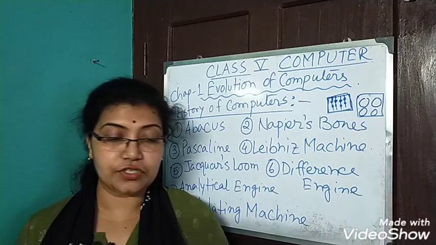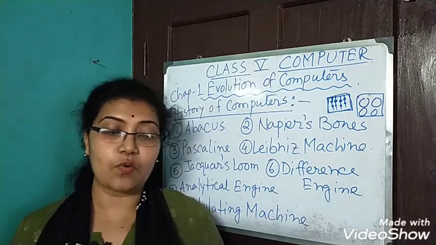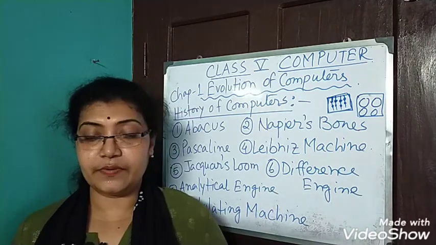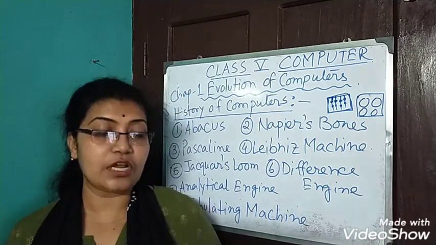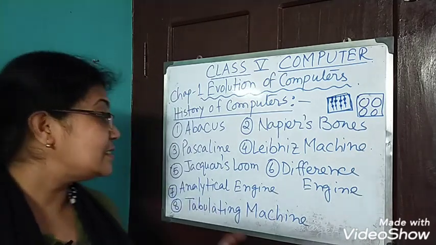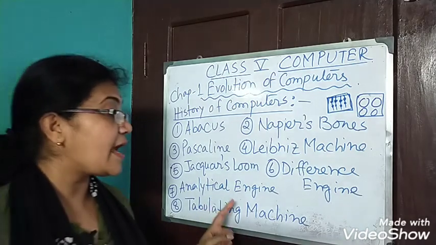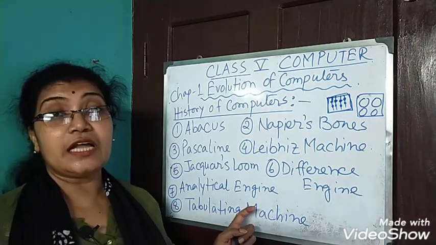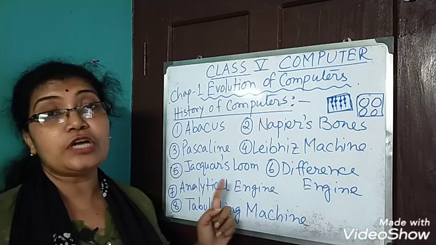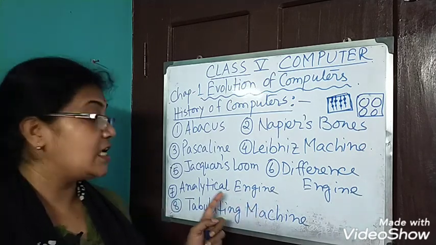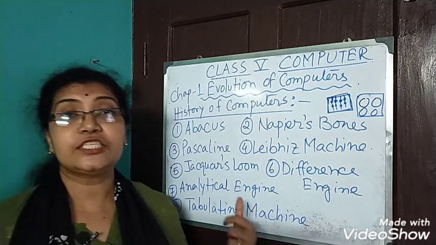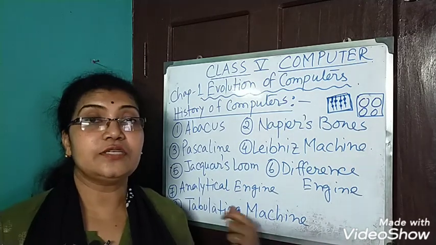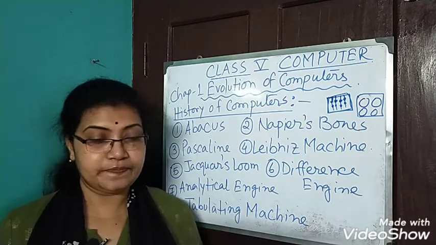The basic structure of the analytical engine is the one on which computer design is based today: input, output and storage. Babbage divided it into three parts: input, output and storage capacity. And nowadays our computer is totally based on this particular analytical engine.